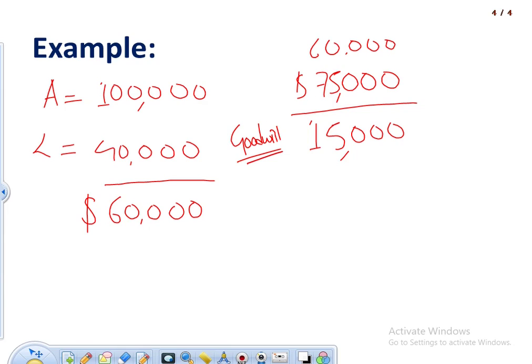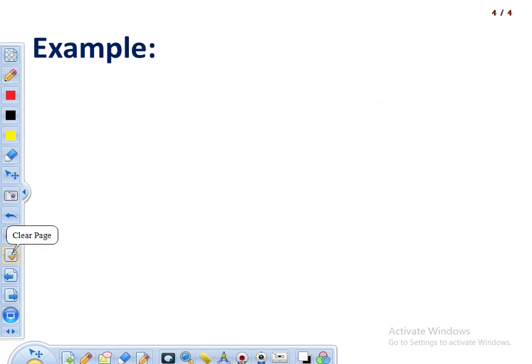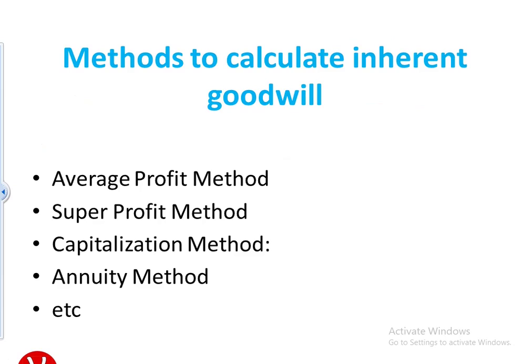Now about the inherent goodwill, we have various methods to calculate it. Those concepts are not in the scope of our syllabus, but I can just show you the different methods of calculating inherent goodwill: the average profit method, super profit method, capitalization method, and annuity method.